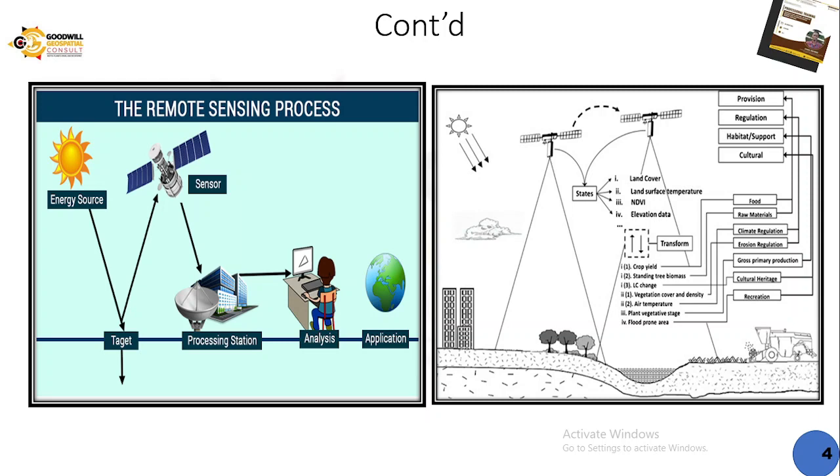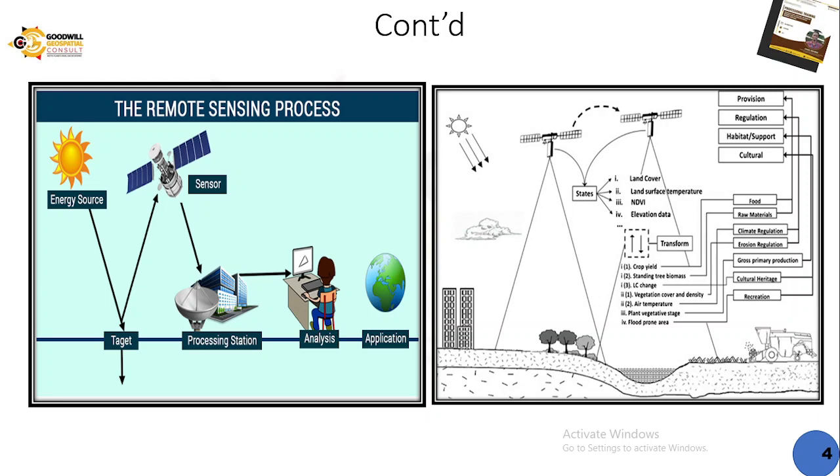These solar radiations have a bipolar component: the magnetic fields and electric fields. They also have a third component, the energy aspect of it, the temperature or the heat aspect of it.